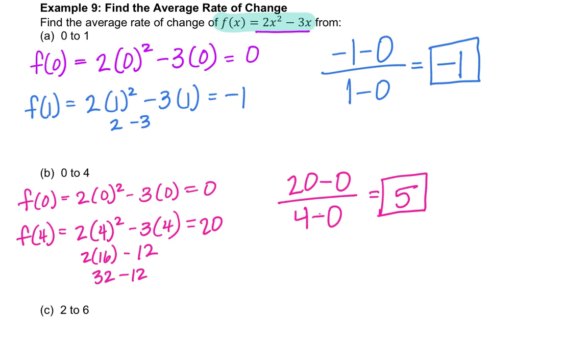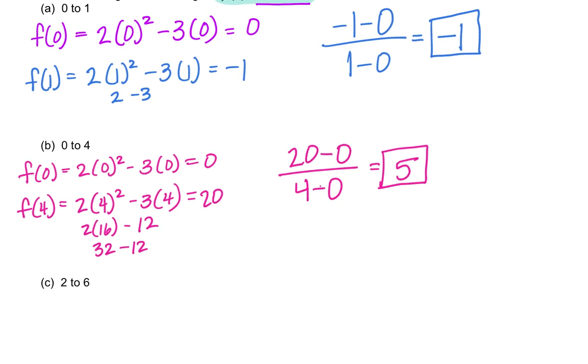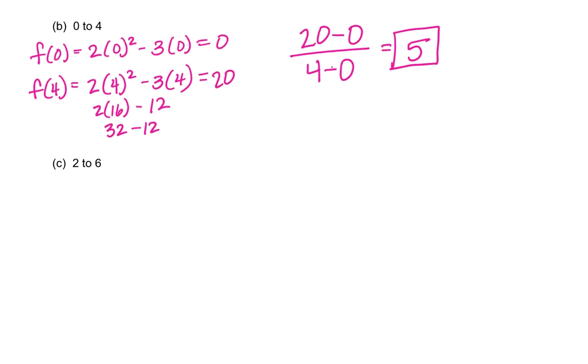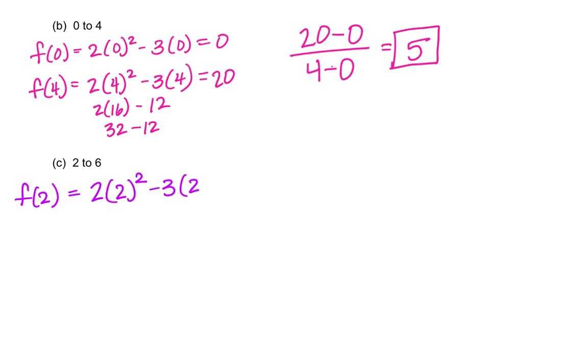All right, last part. Same function. So we're going to look at the function when x is 2. So 2 times 2 squared minus 3 times 2. 2 times 4 minus 6. 8 minus 6 is 2.